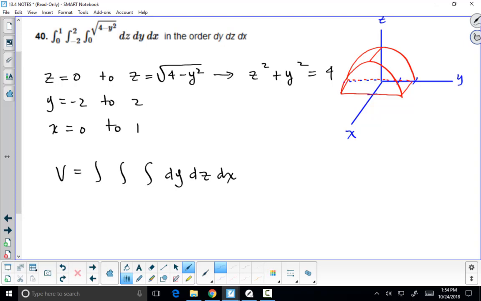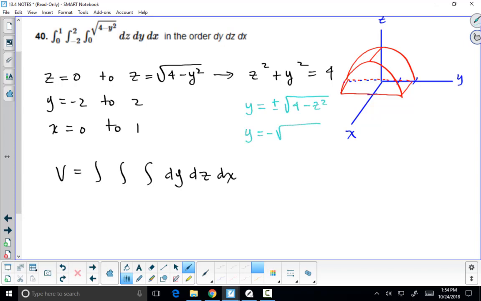Okay, so y's. This is one like we were talking about earlier where you're going from the negative side of a curve to the positive side of a curve, right? So if y is on the inside, that means we're treating the situation like we have a left surface and a right surface. What's the left surface? 4 minus z squared. So when we solve this for y, we get a left and a right.